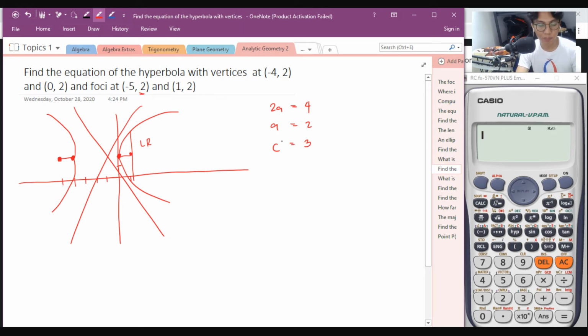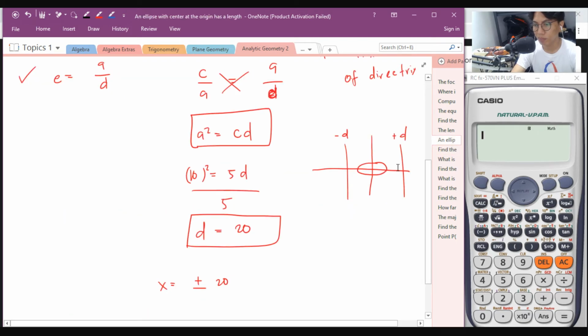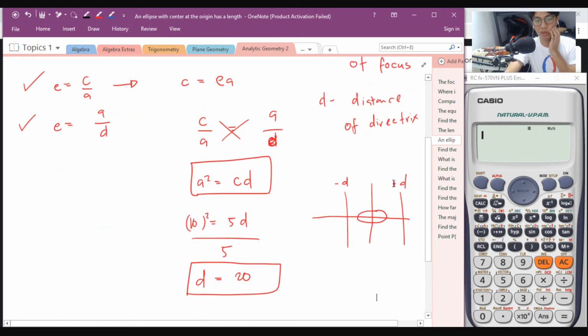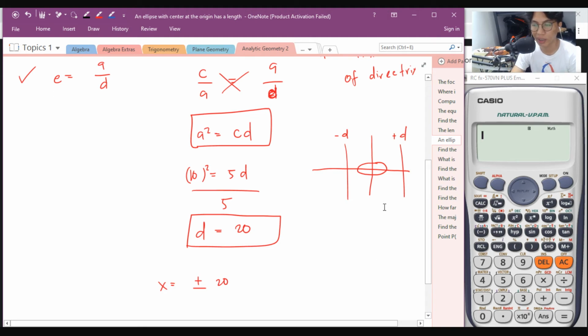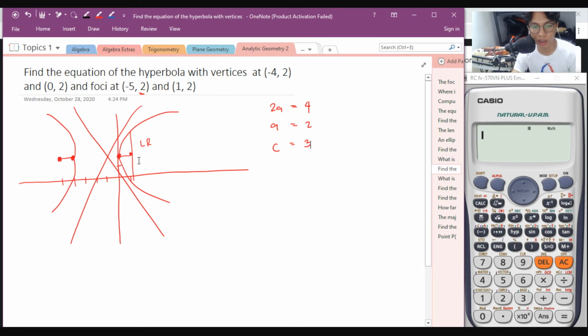Ano yung C? Balikan natin yung sinulat ko dito. Length of focus from the center. Bilangin yung center. Ito yung focus, dito yung center niya. Yung center niya nasa gitna ng vertices. Bilangin nyo, 1, 2, 3, 4. Bali nasa gitna. Nandito yung center of the hyperbola. Mali pa yung drawing ko na asymptote.